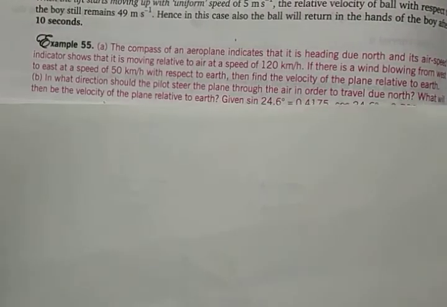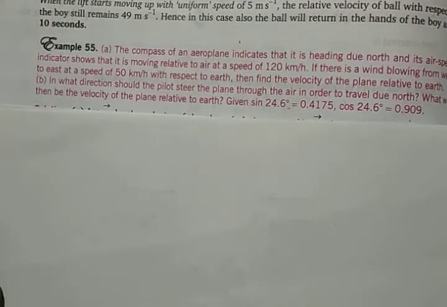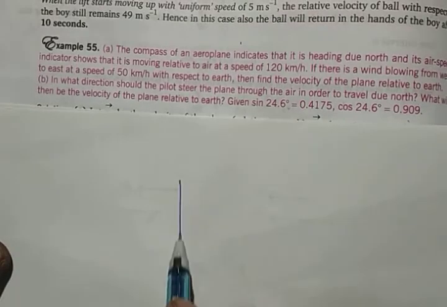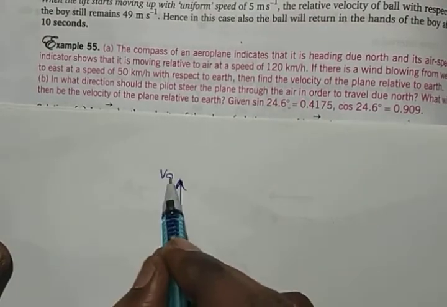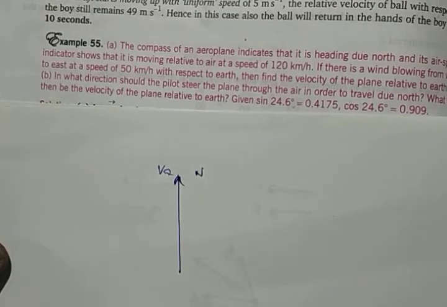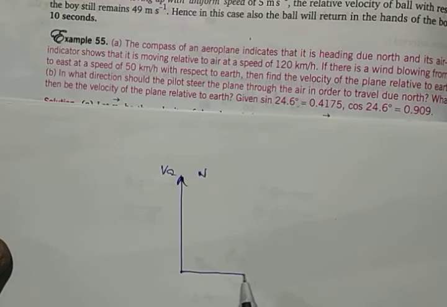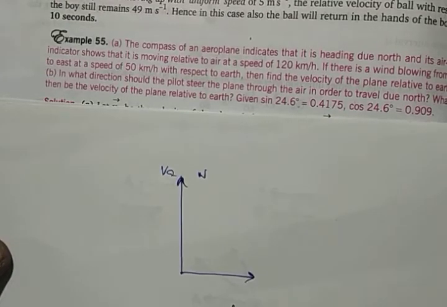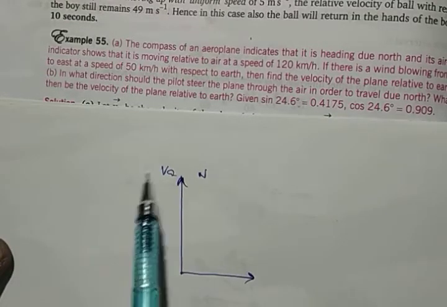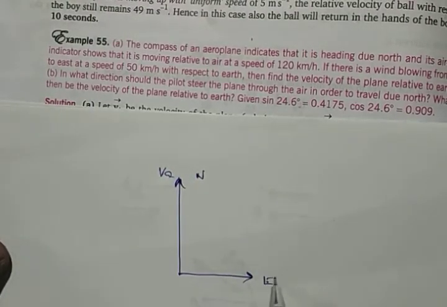First of all, we'll make the diagram for this. So the airplane is heading toward this direction. This is VA, and it is going towards the northern direction. And interestingly, there is a wind also blowing towards this direction here. It says that the wind is blowing from west to east, this is the eastern direction.